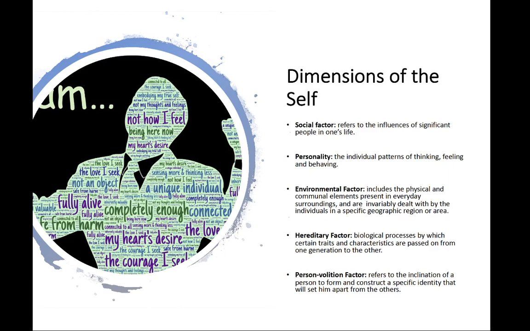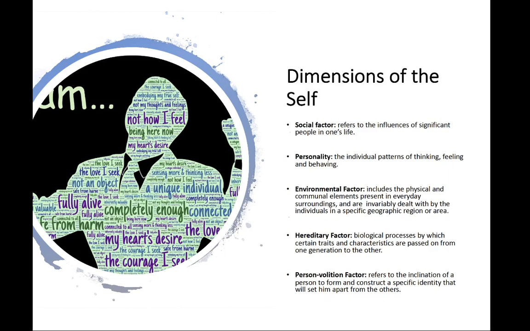Developmental and social scientists have identified the social factor, which refers to the influences of significant people in one's life. It primarily includes the family, in which most of the basic attitudinal and behavioral attributes of the individuals are shaped.